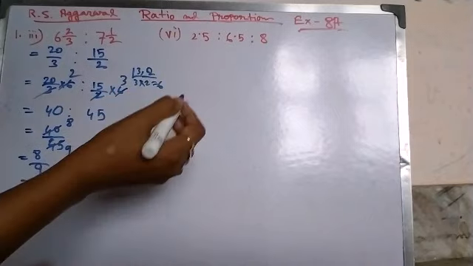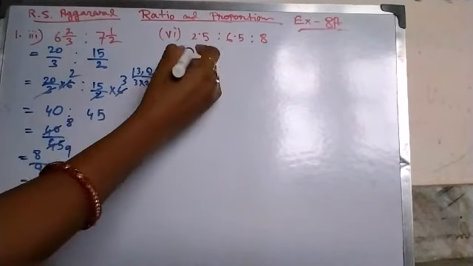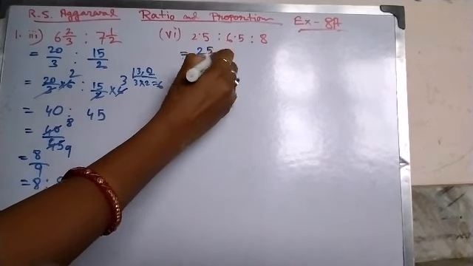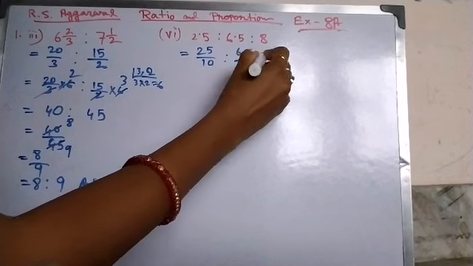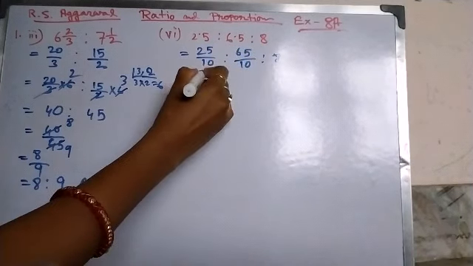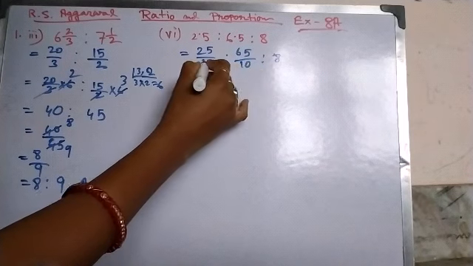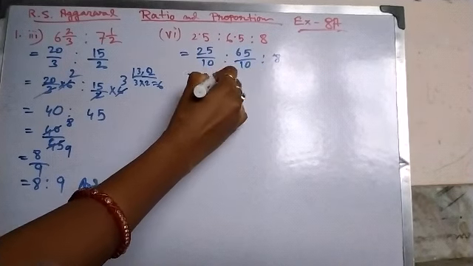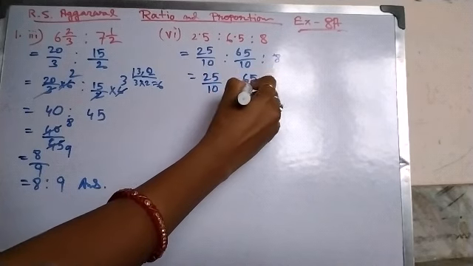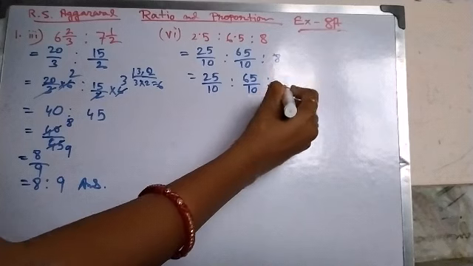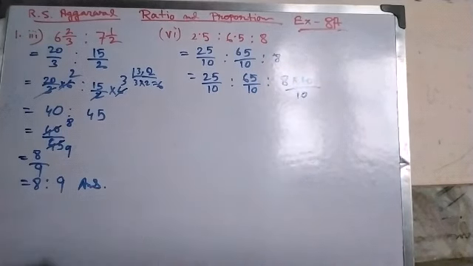Then number 6. Here is decimal form. The terms are given in decimal form. That means we will convert it into fraction at first. Then here in the first two terms the denominator is 10. So with the last term we have to multiply and divide by the same number for adjusting.